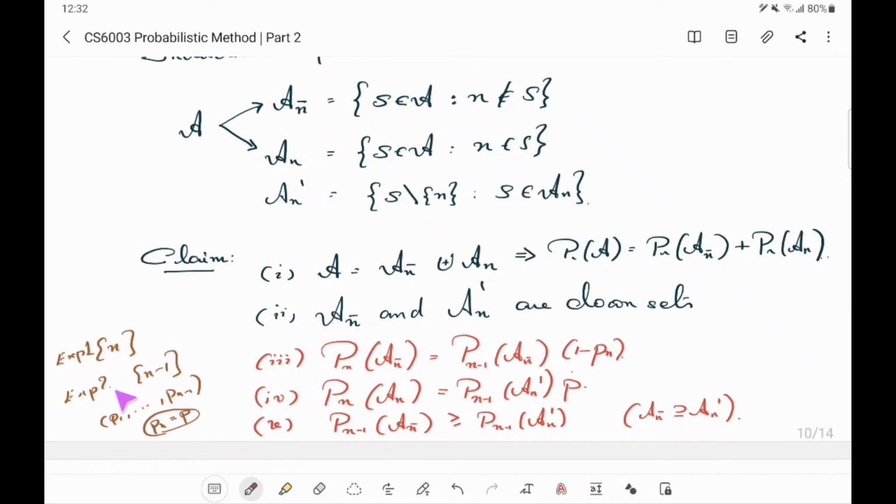Because in the first experiment, pick any particular subset of this A n bar, maybe this S is equal to some {i, j, k}. Then the probability of getting this particular S would be p_i p_j p_k, and then the product over all L not equal to i, j, k of 1 minus p_L, where L ranges over all the remaining elements of 1 to n.